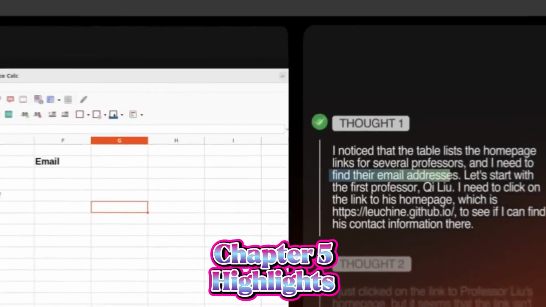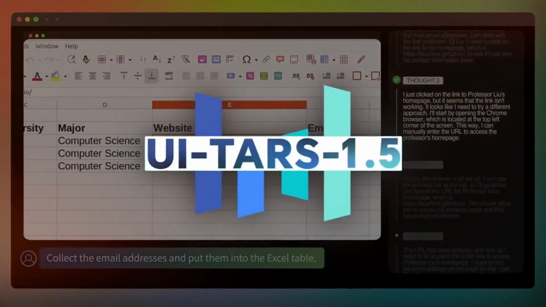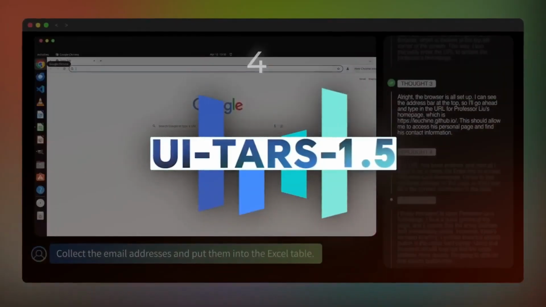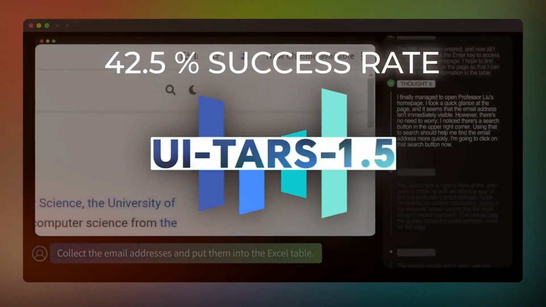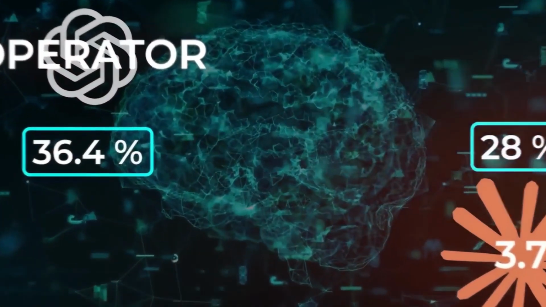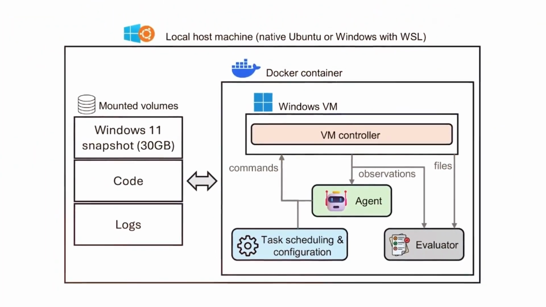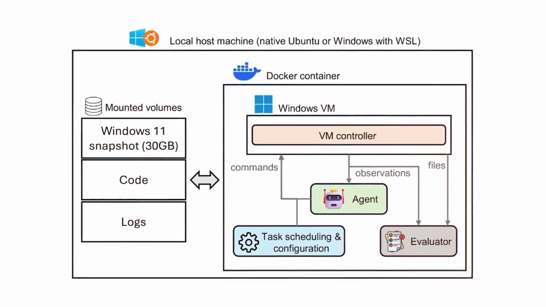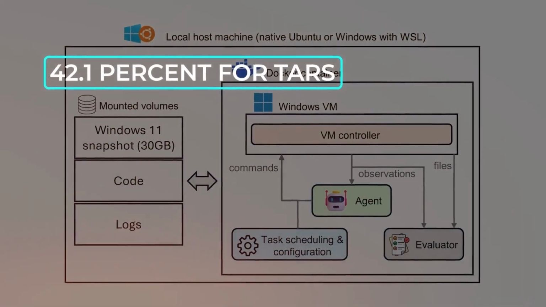Chapter 5. Highlights. In the synthetic desktop benchmark known as OS World, UI-TARS 1.5 hits a 42.5% success rate using just 100 steps, beating OpenAI's Operator at 36.4% and Claude 3.7 at 28%.